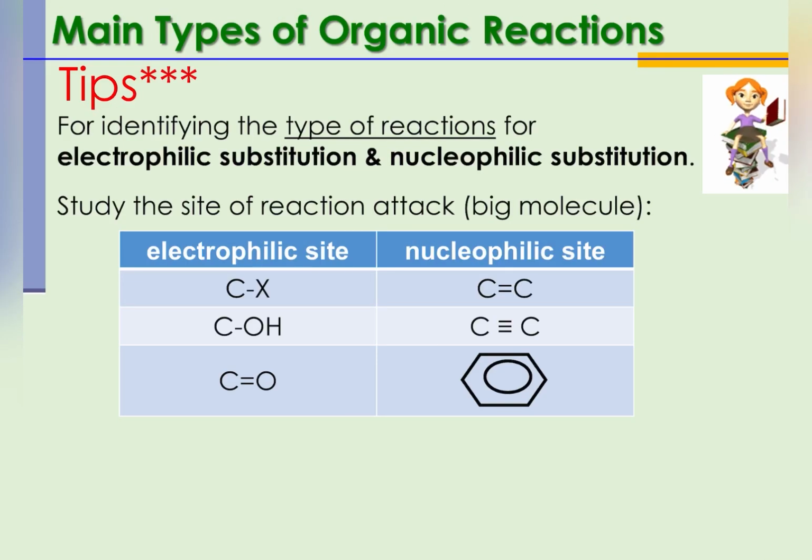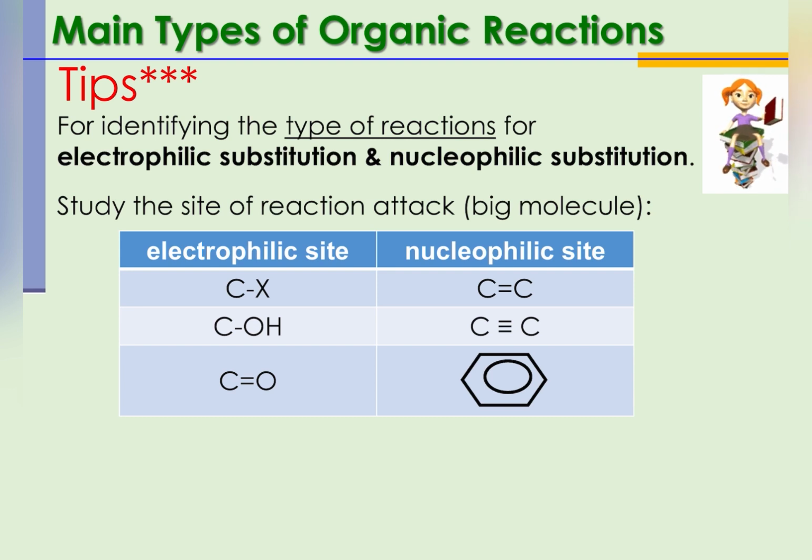For the last tips, in order for you to identify the type of reaction for electrophilic substitution and nucleophilic substitution, you have to remember or memorize the site of reaction attack. This is where we focus on the big molecule.